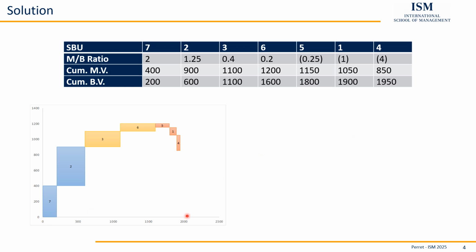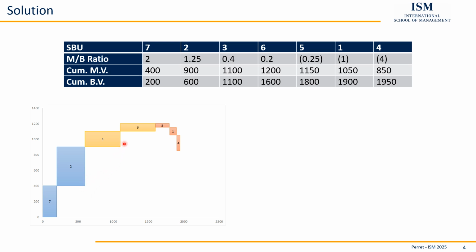On the x-axis, I put the book values, the cumulated book values. So I start at 0 for both of them. Go to the first one, 400. The next one, 200. The next one, 600. So that's here. The next one, 1100.